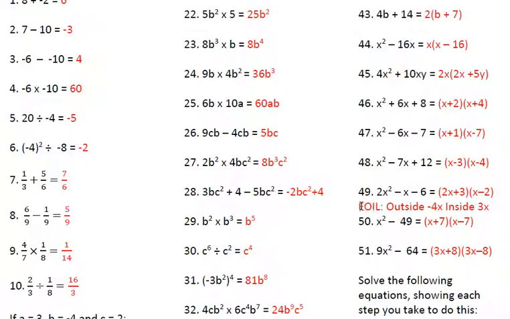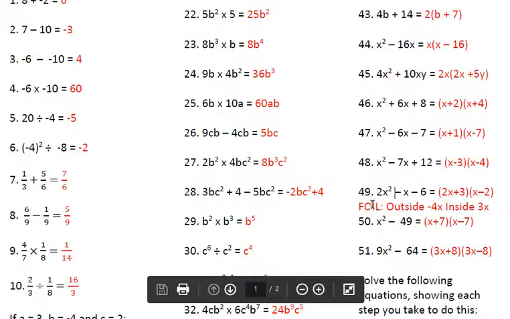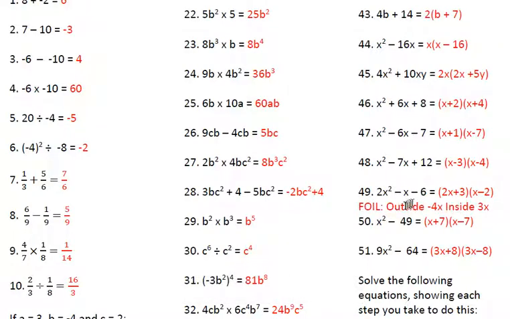If we look at the FOIL method here, F is for first, which is 2x times x, giving us 2x squared. The last is multiplying the last bit, +3 times -2, which gives us the -6 that we need. Then we've got the O and the I, O for outside and I for inside, and those should combine to give us this -1x. How do we get this outside -4x?